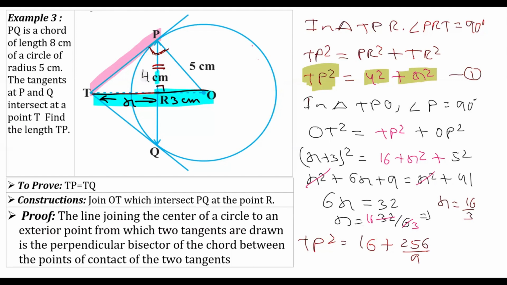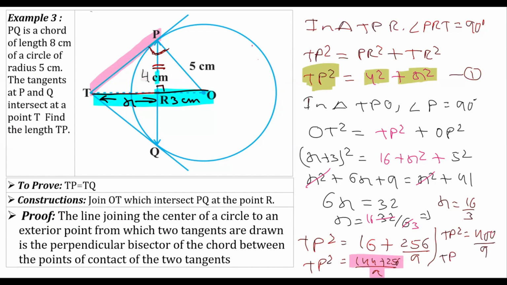Now, TP square will be equal to what? 16 into 9, that is 144, plus 256, divided by 9. I took LCM. So TP square will be how much? The sum of this is 256, right? 256, and this is 9. So 144 plus 256 is 400. So this is 400 over 9.